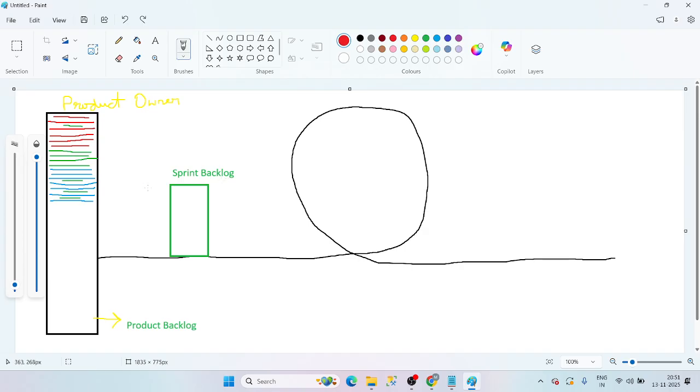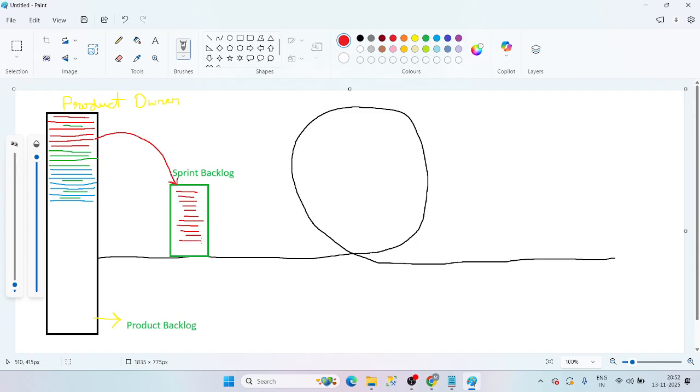Coming to the sprint backlog, whatever the requirements are, the product owner will keep them here. Just consider he brought some 20 tickets. Do you think we are going to complete these 20 tickets in a single sprint? Guys, yes or no?